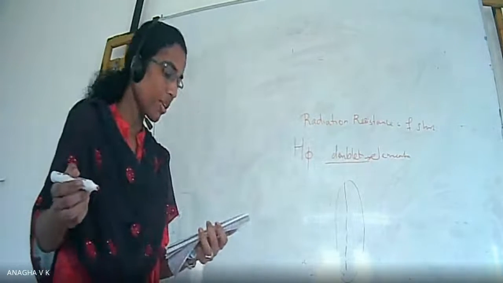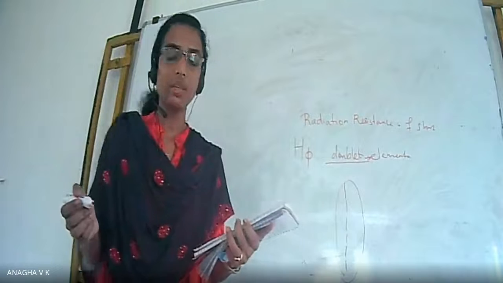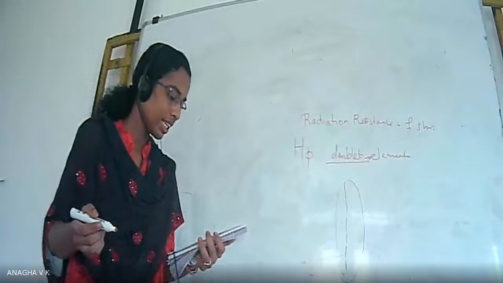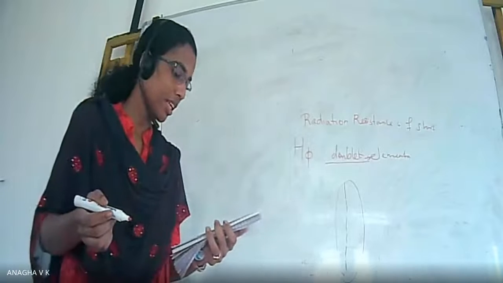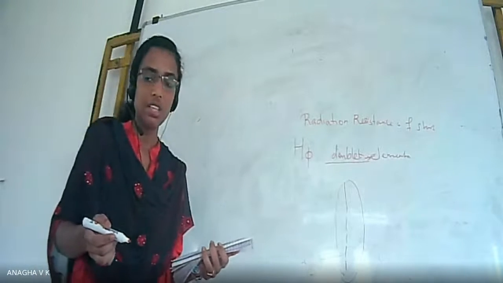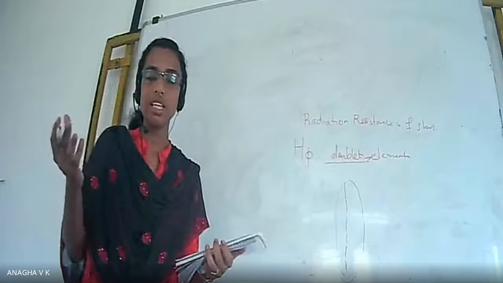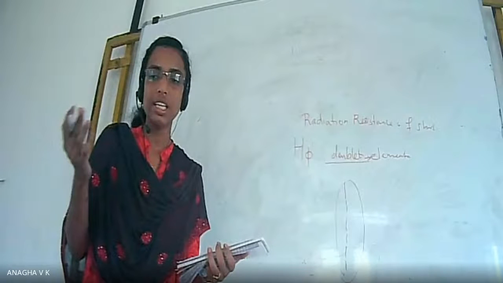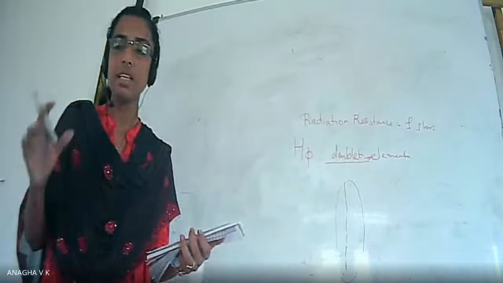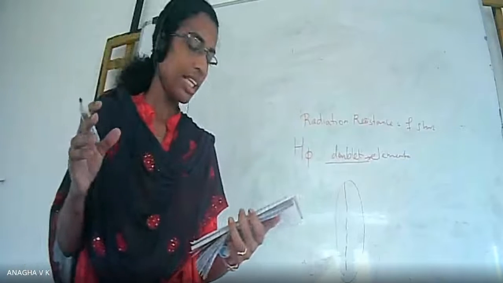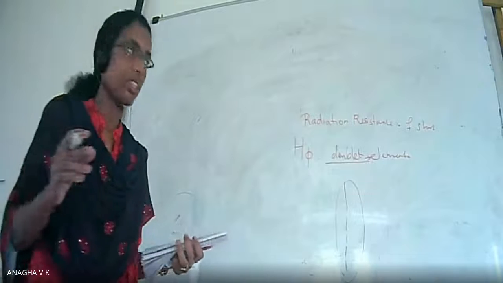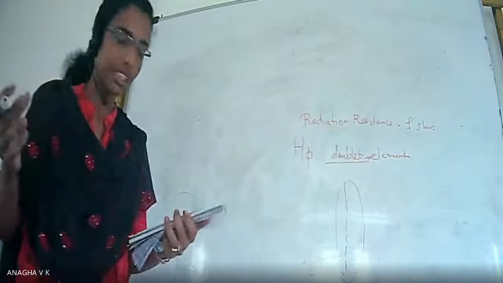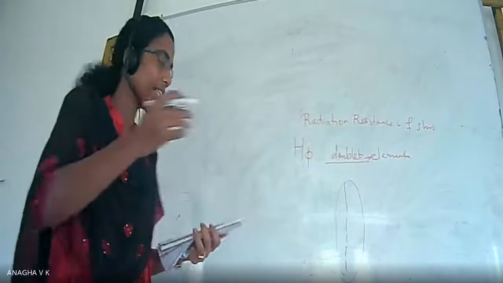So how can we represent the radiation pattern? The radiation pattern of the antenna is a graphical representation of the RF energy. As we have learned earlier, radiation pattern is nothing but the graphical representation of RF energy, radio frequency energy, radiated from the antenna.